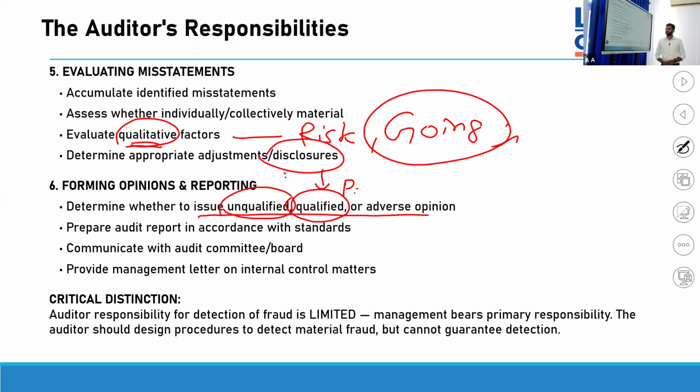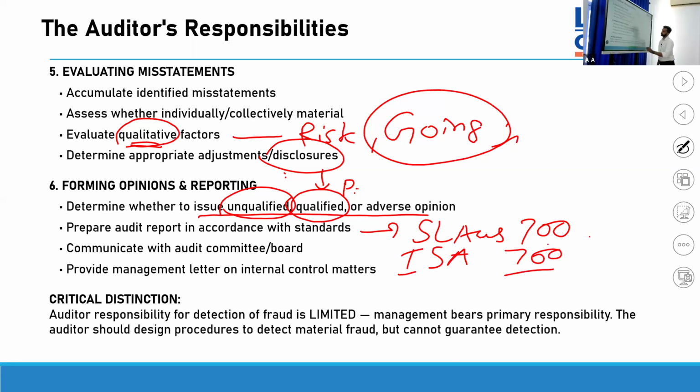Next one is prepare audit report in accordance with standards, right? Mostly audit opinions are regulated by SLAuS 700, Sri Lanka Auditing Standard 700 in Sri Lanka. At global level, ISA 700.